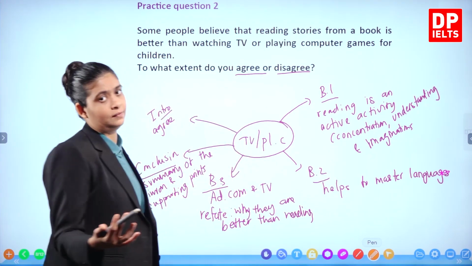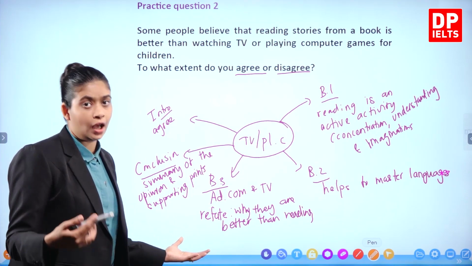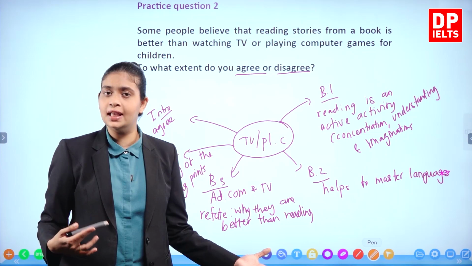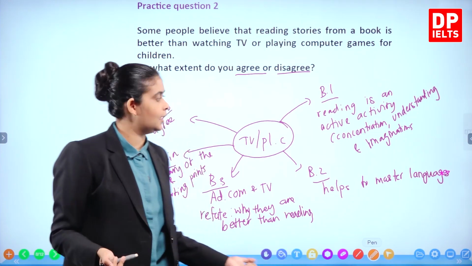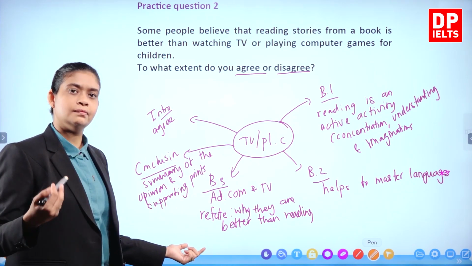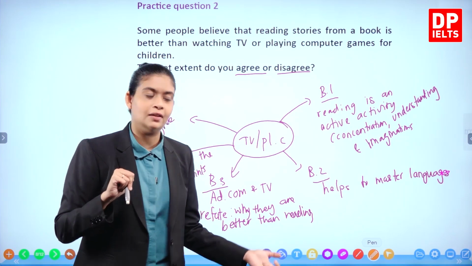That's fine, you could do that. This is just another way you could do it, and if you see answers like that, it's not wrong. So you refute back and say, no, these do have advantages, but reading is better.